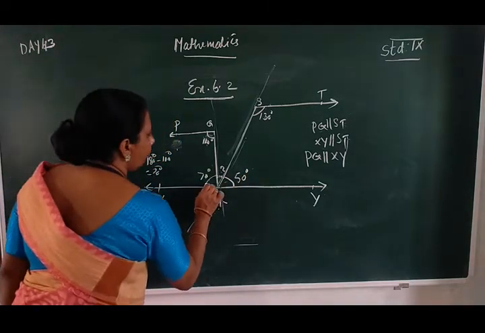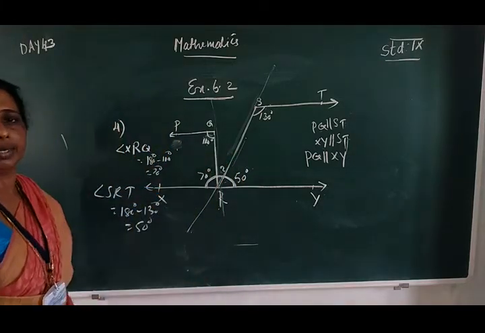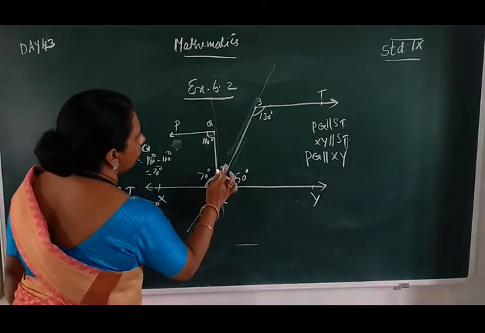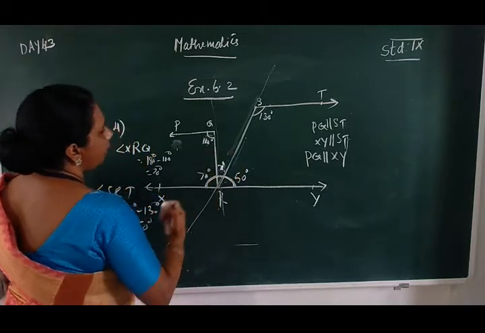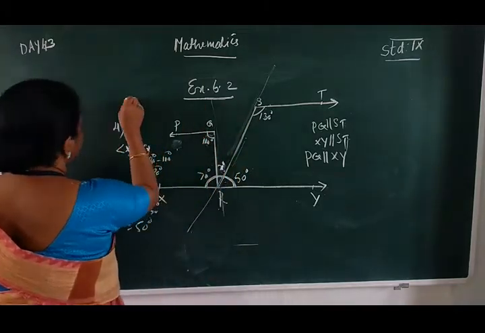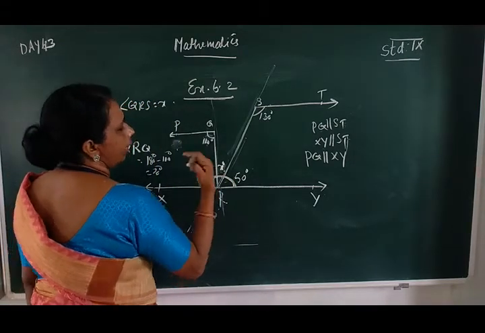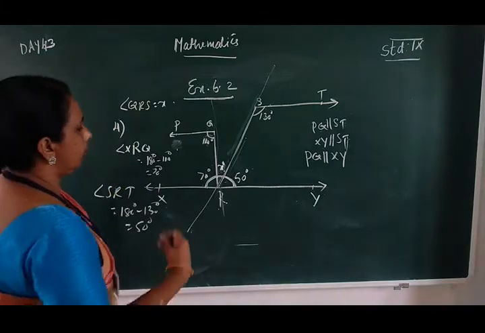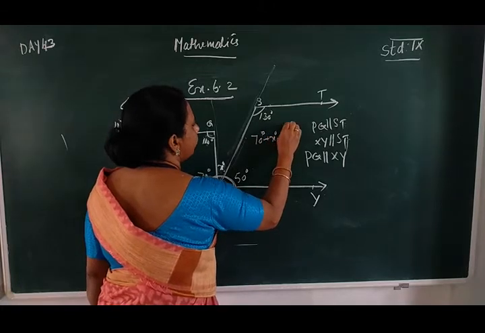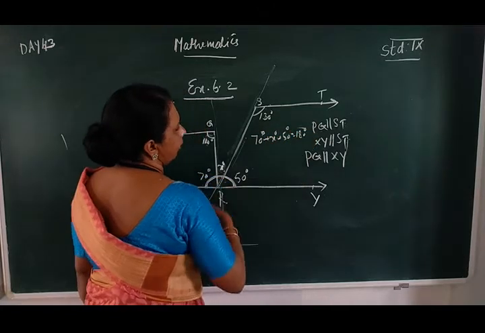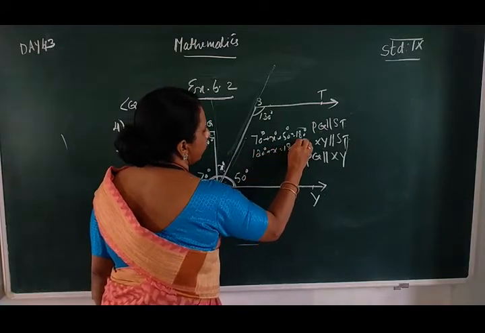But here they form a straight angle. The sum of these three angles is equal to 180 degrees. So I am putting this angle QRS equal to x. Taking the sum of these three angles: 70 degrees plus x plus 50 is equal to 180, because it is a straight angle. 70 plus 50 is 120 degrees, plus x is equal to 180 degrees.